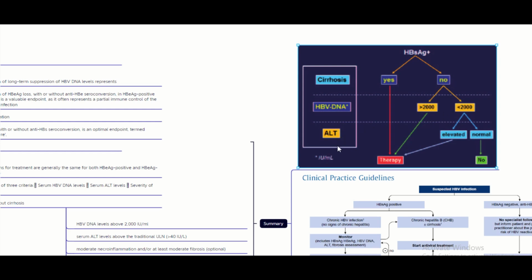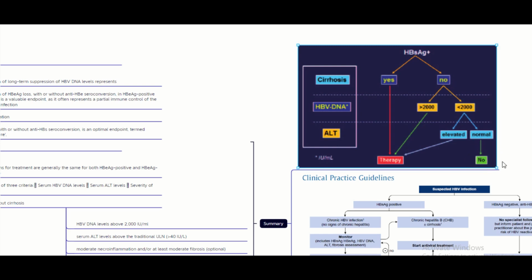So if our patient has HBs antigen positive and doesn't have cirrhosis, doesn't have high HBV DNA levels, doesn't have ALT increase, we don't go into therapy and we wait. But if the patient has any of the following, we will start.